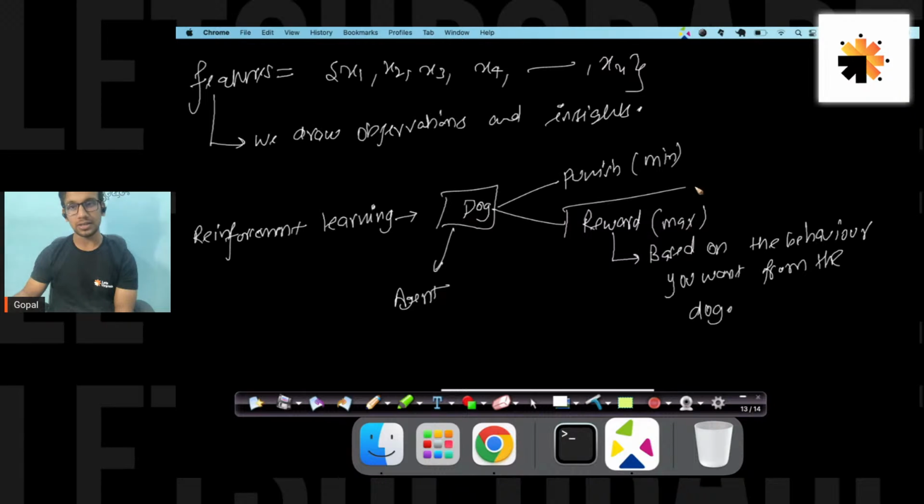And this is the reward, based on the behavior you want from the dog. You want your dog to play dead. If your dog plays dead, you give him a reward, and you try to maximize that reward over a period of time until your dog always does that. Whenever you ask your dog to play dead, he does it, without fail. That is what you are doing there.